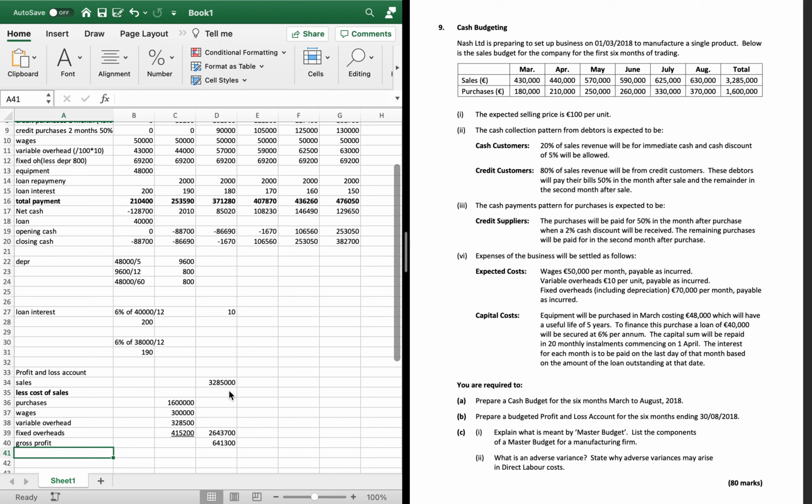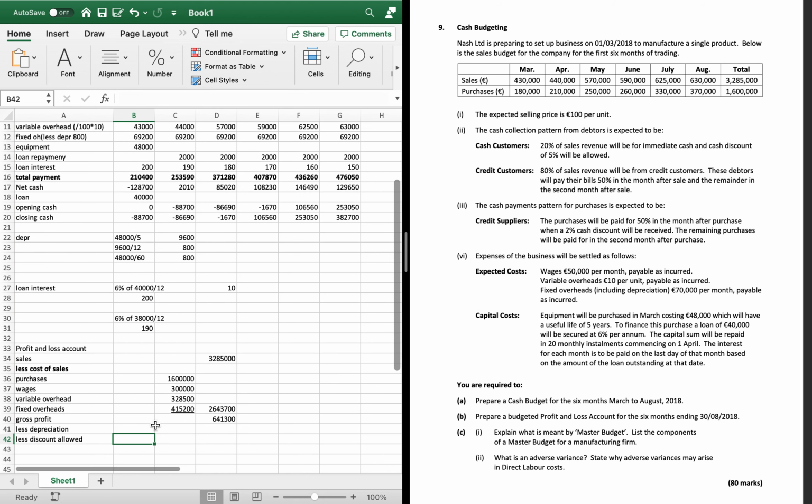So what do we do then? We're going to take away our two other expenses, which is our depreciation, and we're going to take away our discount allowed. So our depreciation, we worked it out earlier, to be 800 a month, by 6 months.